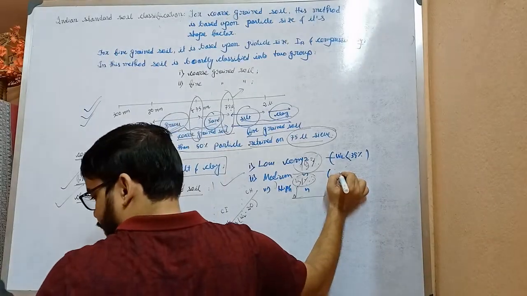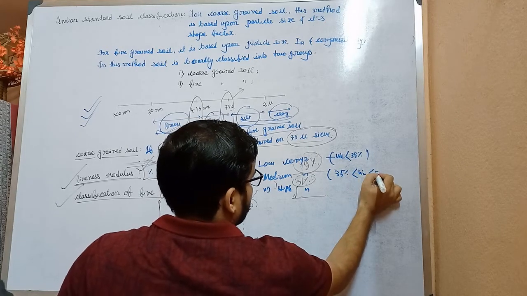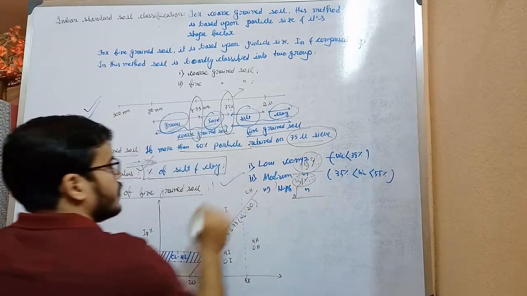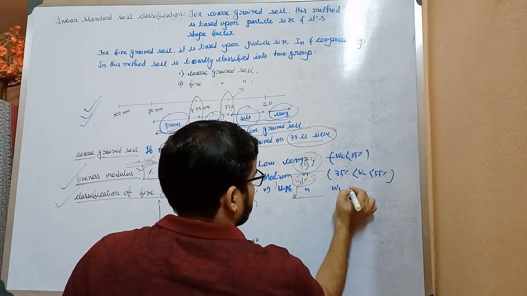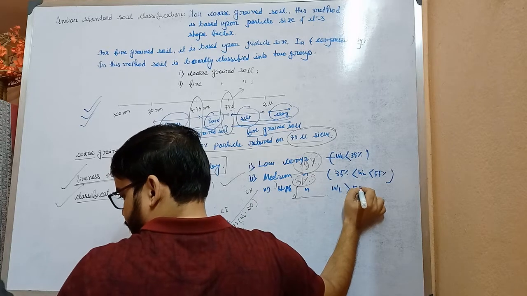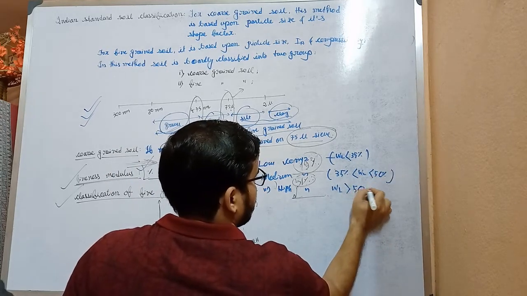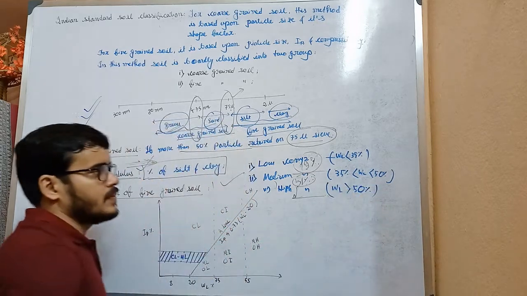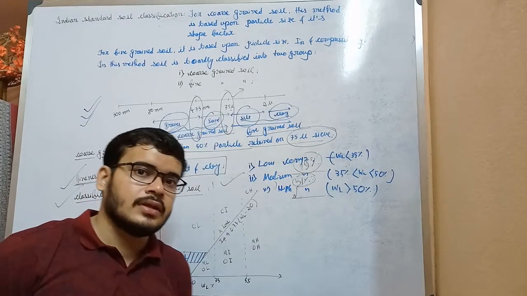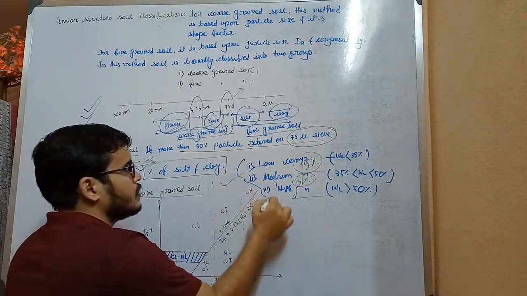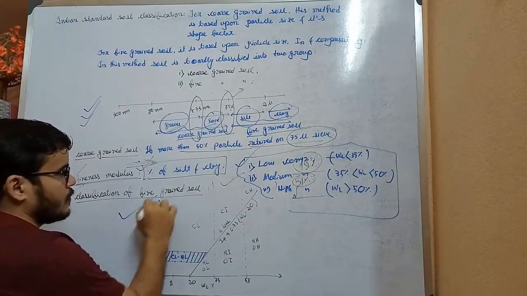When liquid limit is in between 35% to 55%, then it will be medium compressibility. If liquid limit greater than 50%, then it will be high compressible soil. Okay, write these 3 points, then come to this graph.